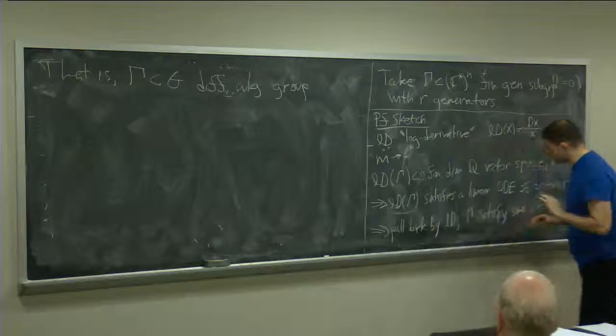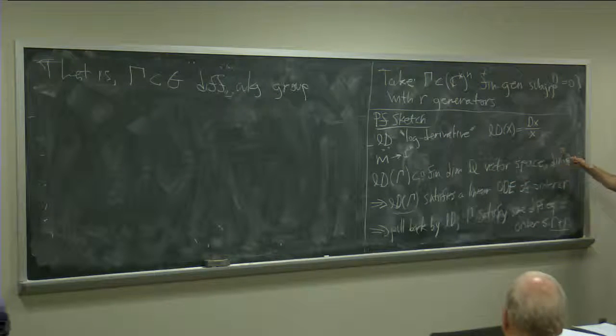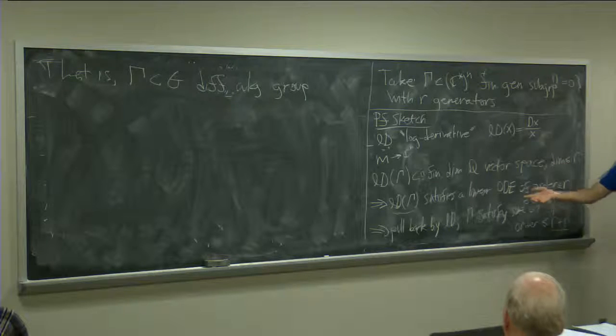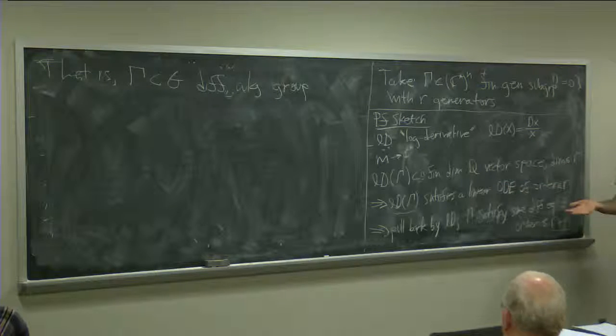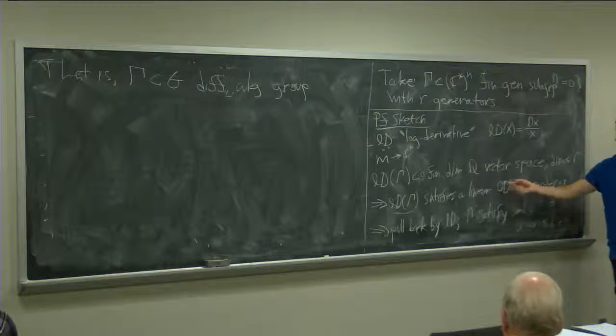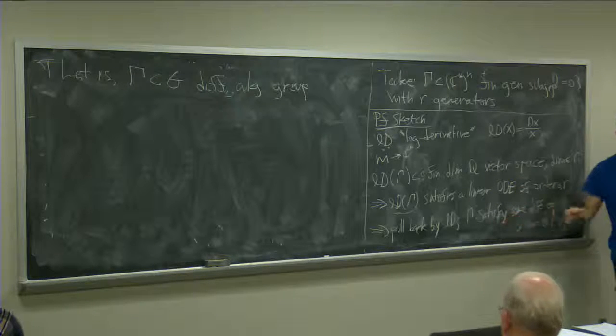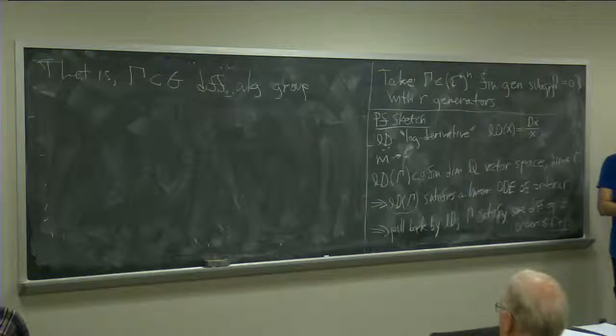So again, this is because I started with a linear ODE for the logarithmic derivative. So solutions of this linear ODE, they were a Q vector space. When you pull back by this logarithmic derivative, because this is closed under addition, this will be closed under multiplication. Again, now it's kind of going the other way with the logarithmic derivative.